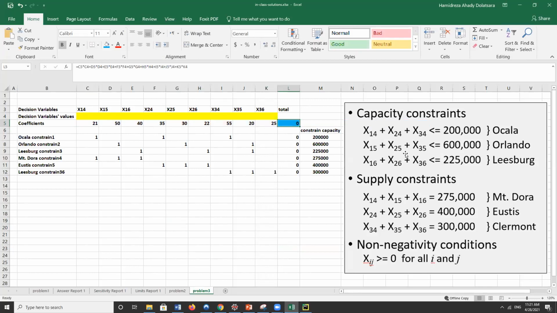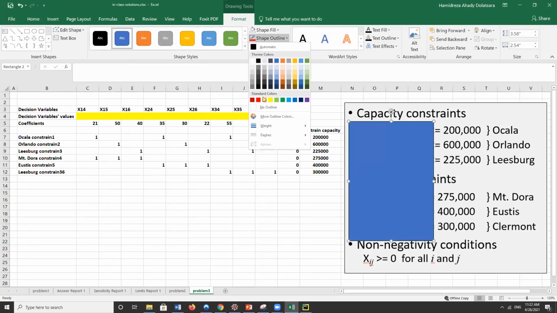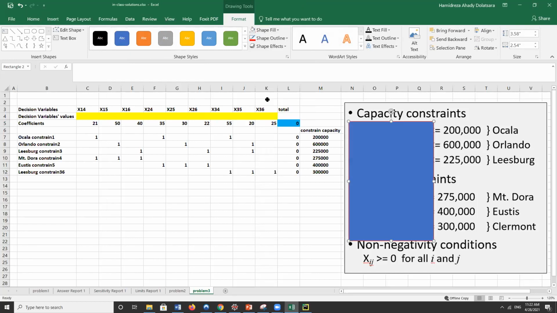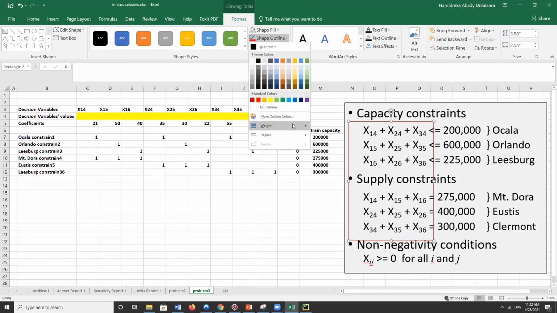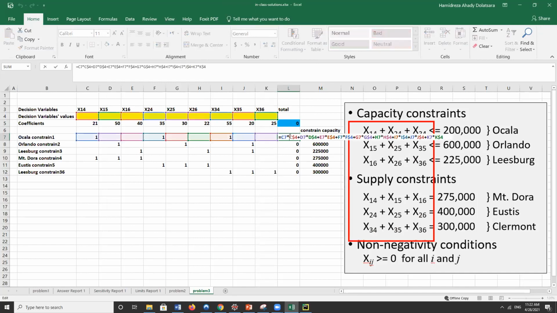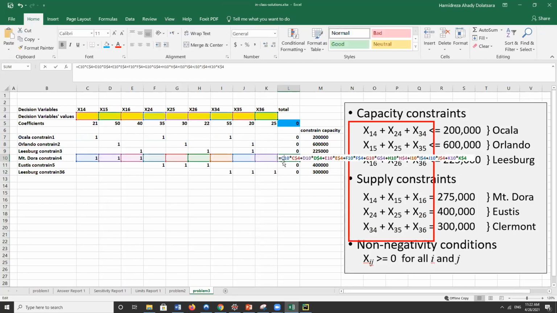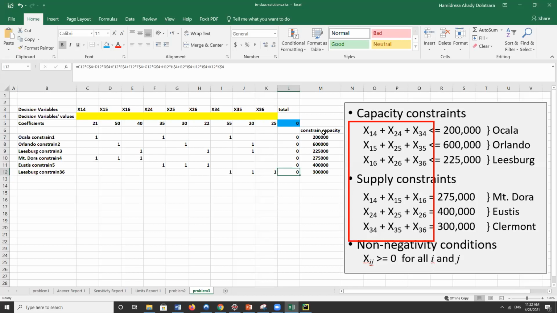For each line, you need to have a formula for the left side of each line. For each line in the left side of the equations, I have a formula here. Look, if you click on them, you see the formula. Also, the right side, these numbers are here.